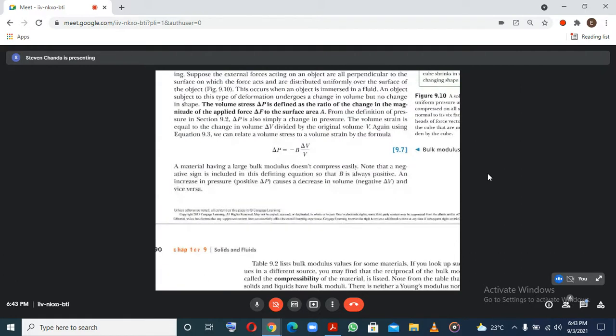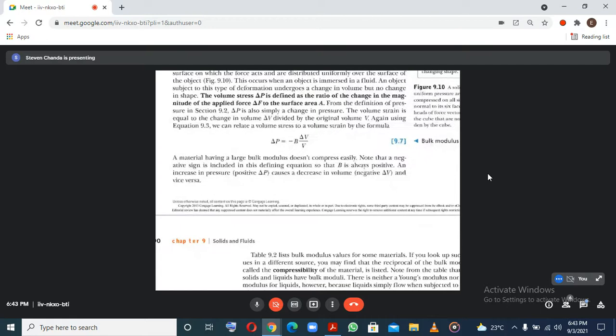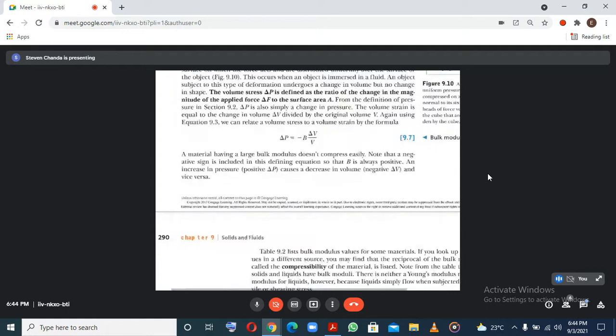Oh, sorry, this is to ensure that B, the bulk modulus, is always positive, because there's no way you can have a bulk modulus that's negative. And why is this important? Because if there is an increase in pressure, it means that the final is greater than the initial. So the change in P will be positive, isn't it?